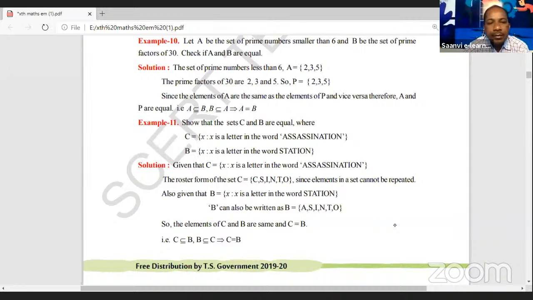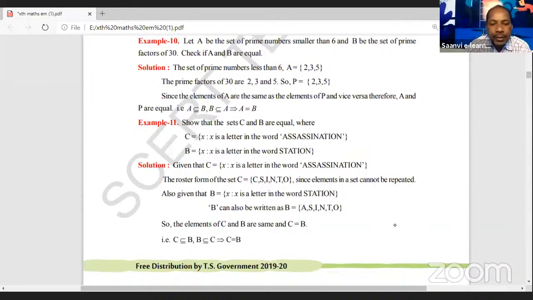Set C is given: C is equal to {x such that x is a letter in the word assassination}. And set B is equal to {x such that x is a letter in the word station}. So let us see whether they are equal or not. First of all, write them in roster form.